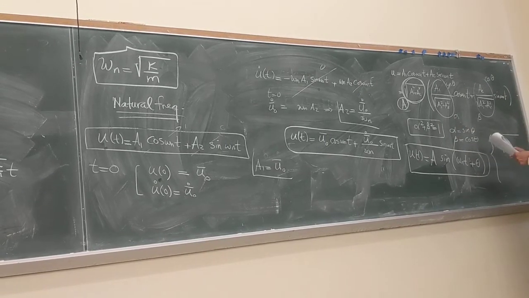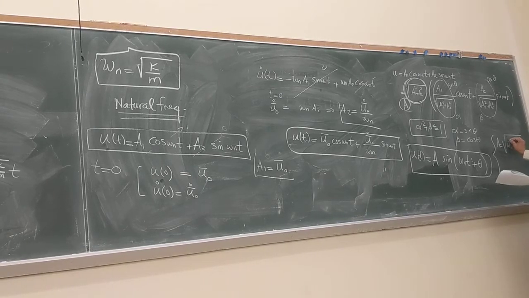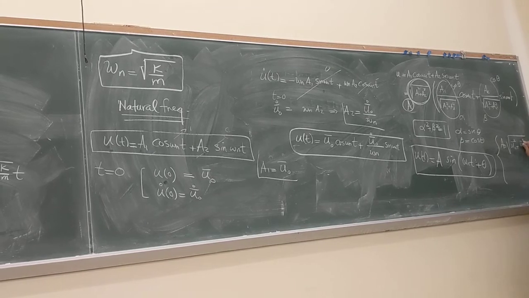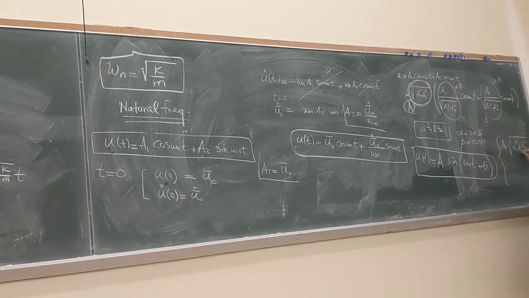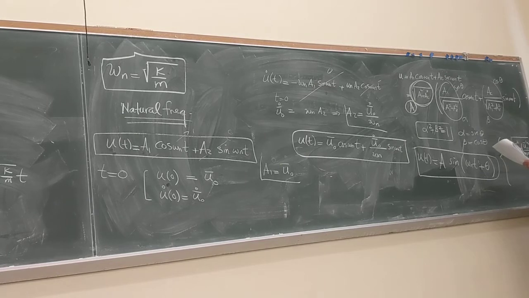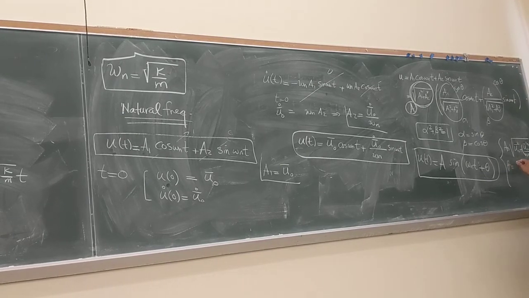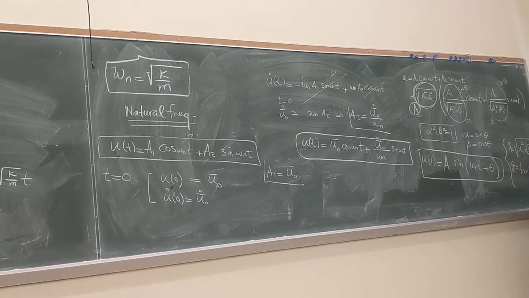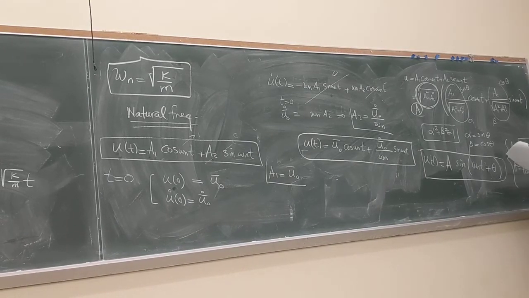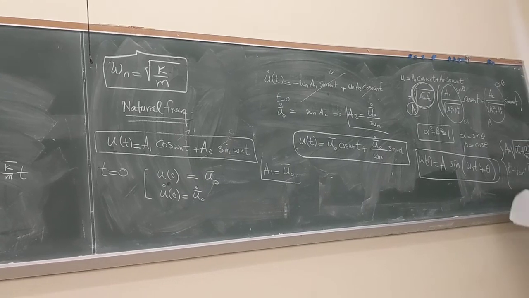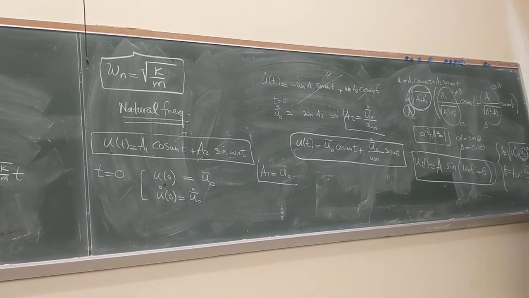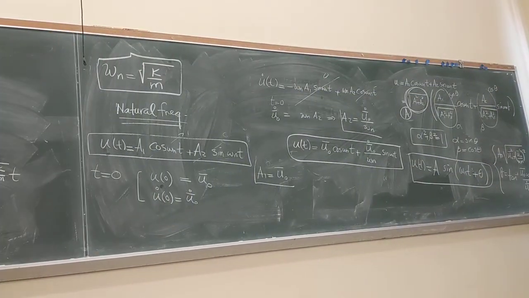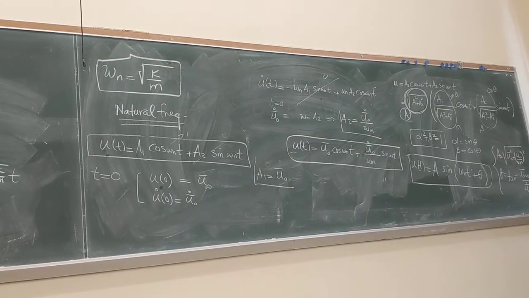A becomes the square root of u naught squared plus u dot naught over omega n squared, and theta is the arc tangent of u naught omega n over u dot naught. Okay. So that establishes it in terms of the initial conditions.